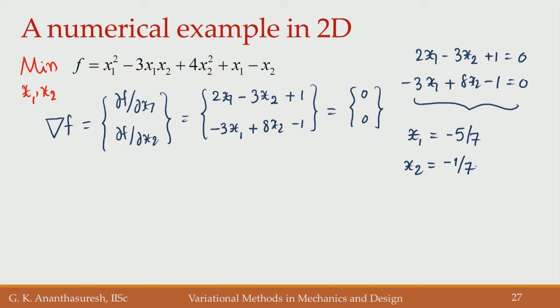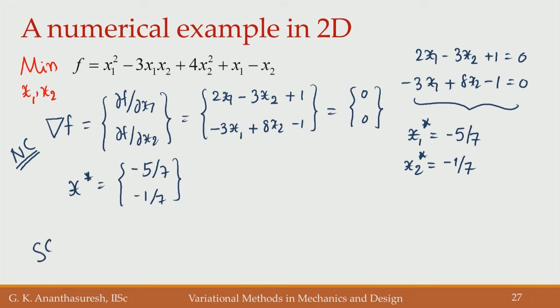Now, if I want to know if this x star, right. So, what is our x star? Our x star is (minus 5 by 7, minus 1 by 7). If I want to know if it is a minimum or a maximum, because this necessary condition is what we have used. This is NC, right, necessary condition.